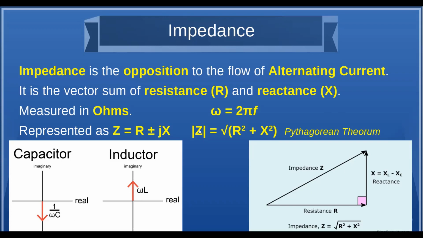And we can calculate the value of the impedance with the square root of the sum of the squares. And we plot it on the rectangular coordinates, with the resistance on the real axis and the reactance on the imaginary axis.